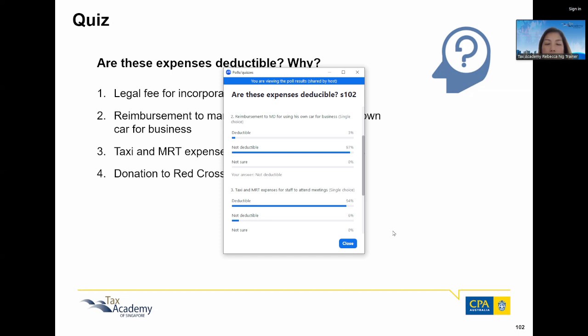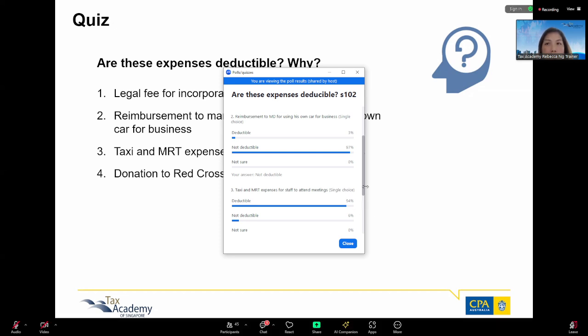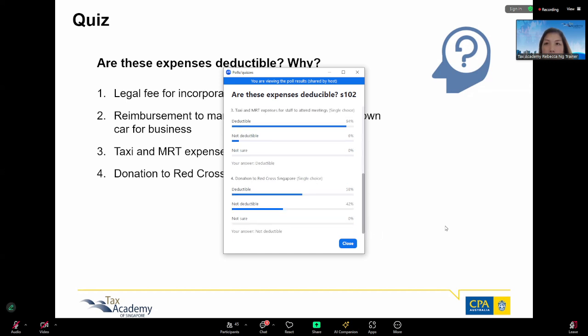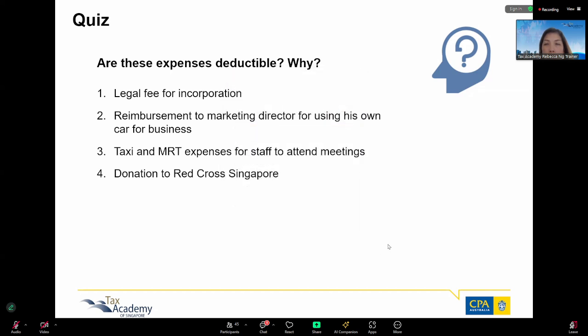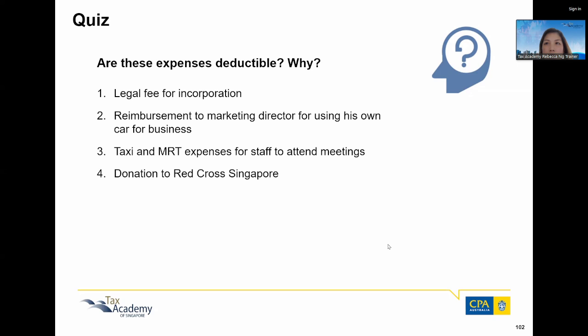Donations to Red Cross, deductible or not deductible? The Red Cross is an IPC, but it's not deductible under section 14(1), because it's not incurred in the production of the income. You give donations, it is not incurred to derive any income, right? So it's not provided for deduction under section 14(1), and it is deductible under other sections.